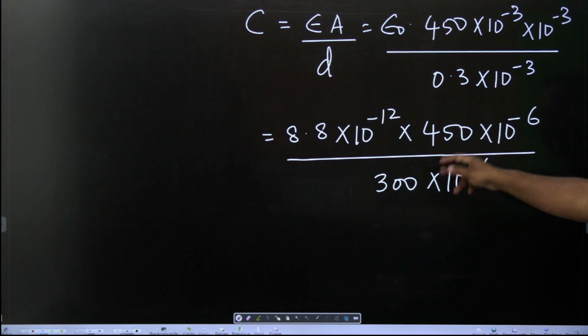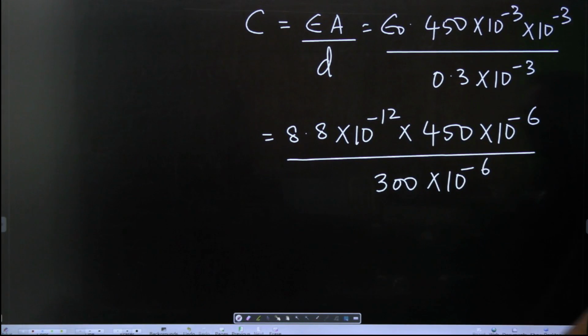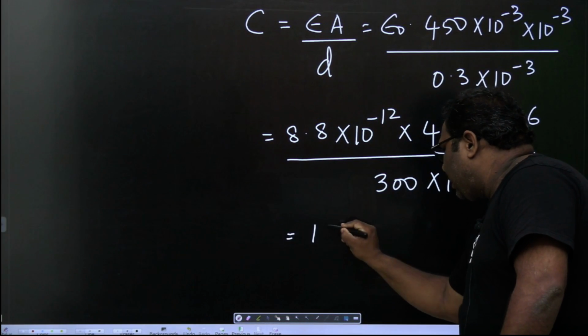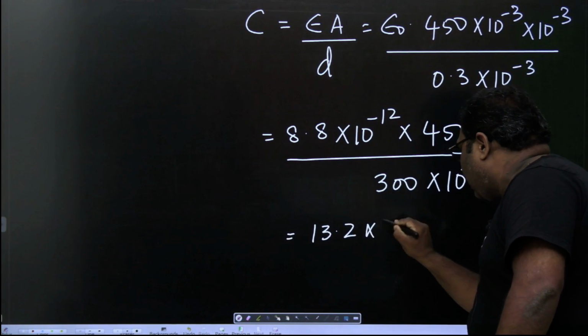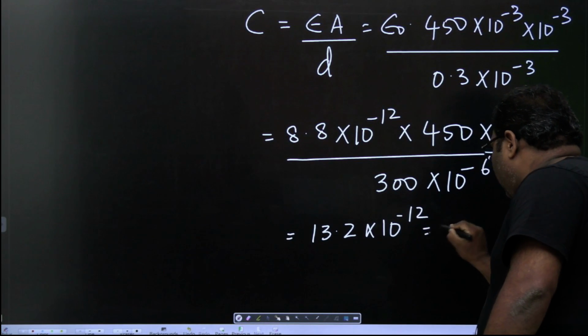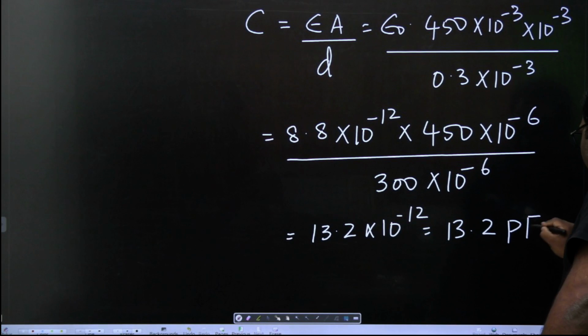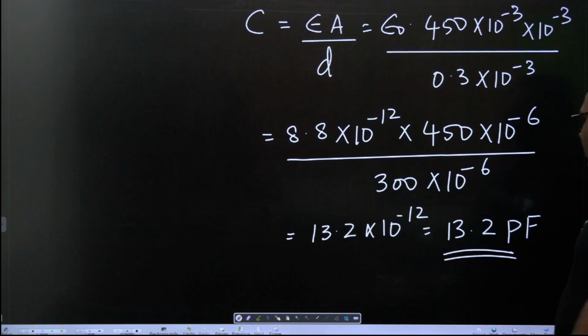So 450 by 300 is 1.5, 8.8 into 1.5 is approximately 13.2 into 10 power minus 12, which is 13.2 picofarads. So that's good news.